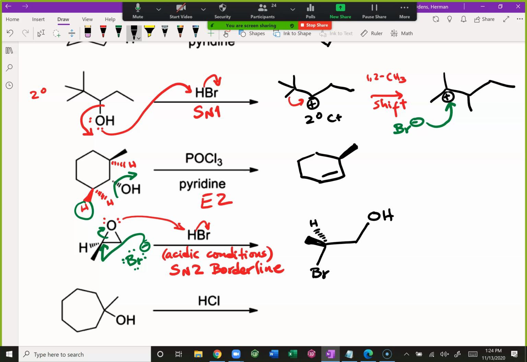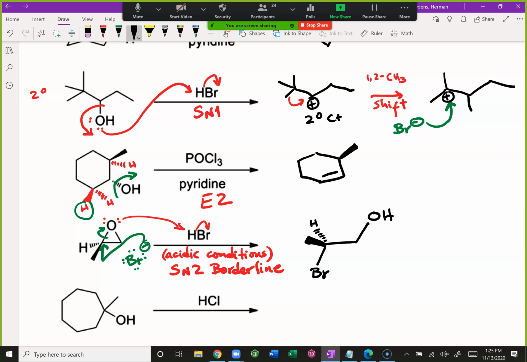And that is the final product of that. Notice that the SN2 borderline is both. It behaves as an SN2 and SN1. It gives you the SN1 product because the bromine goes where the most substituted carbon is, but it gives you an inversion of configuration. It flips the configuration. Therefore, it acts as an SN2 also. That's why they call it the SN2 borderline.